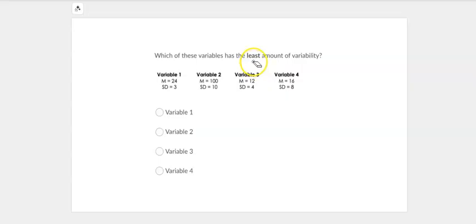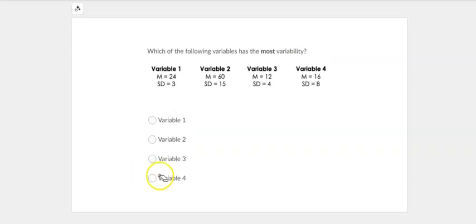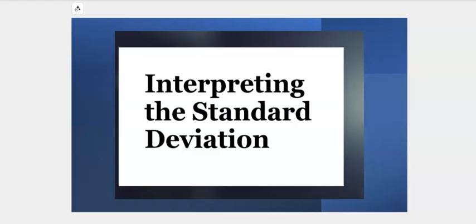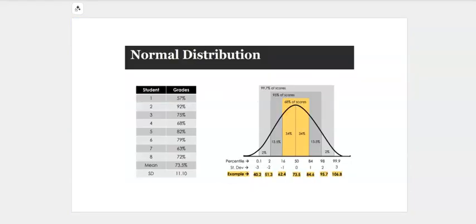So here you can find which has the smaller variability. You can also check your understanding with this quiz. Again, most variability means distant from the mean. When you obtain the higher percentage, that will be the most variability among the four. So that is also your case. Now, interpreting the standard deviation to understand more about the concept.